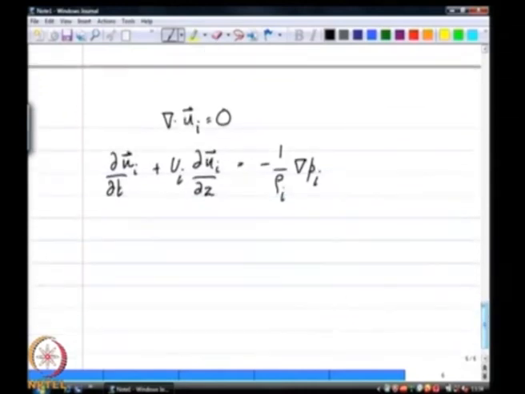So, I will mark these now as equations 1 and 2.